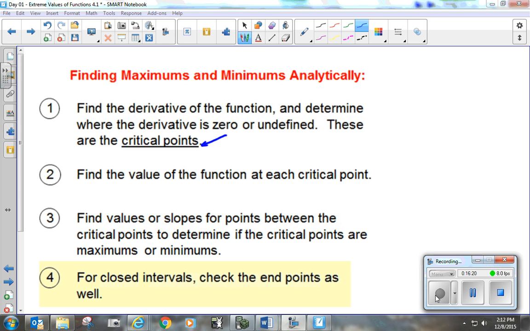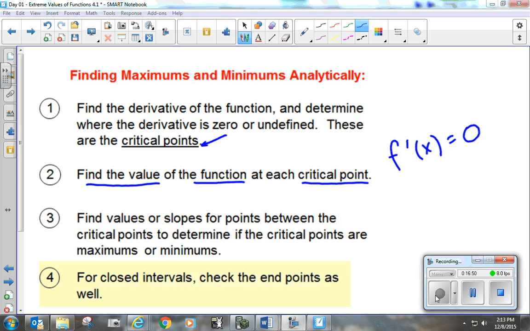So we take the derivative of a function, set it equal to 0. And we find that, right? Because step 2 tells us we're going to actually find the values of the function at each critical point. So that means solve. We take our derivative, we determine where the derivative is 0 or undefined.